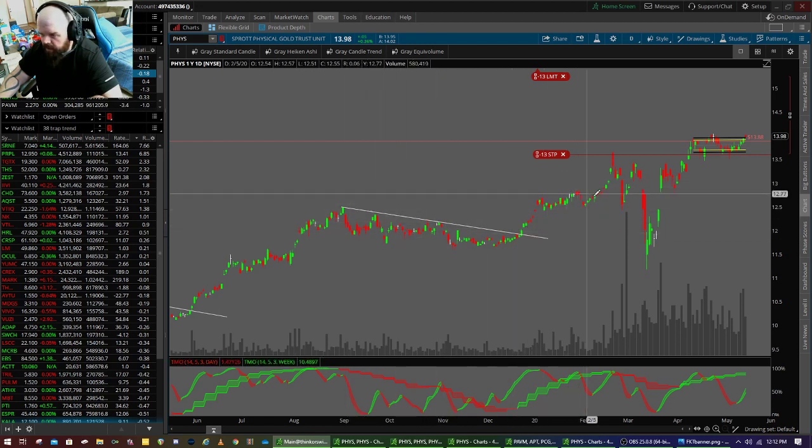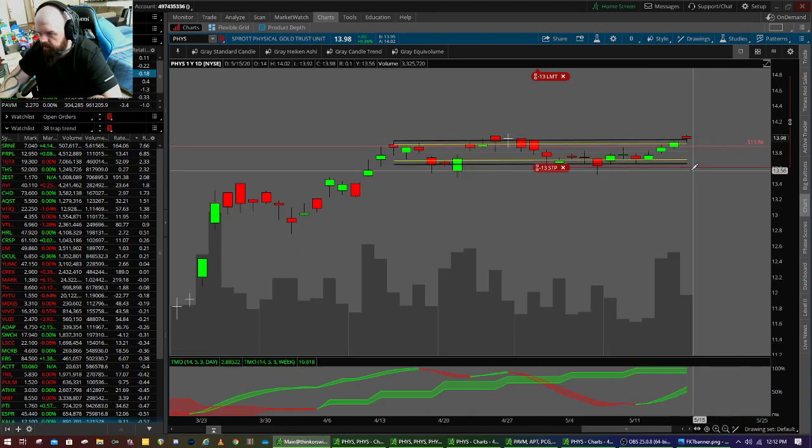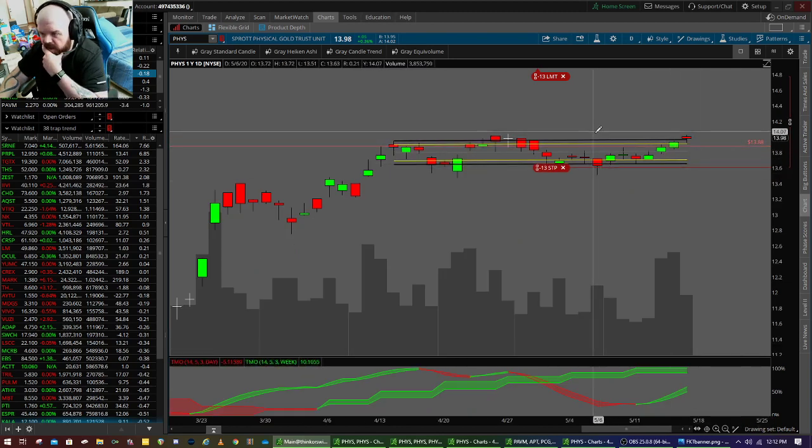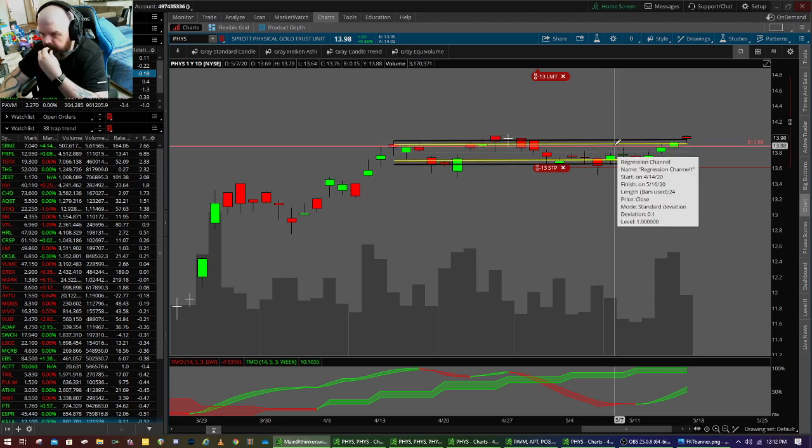Multiple different patterns within this. Right now, I'm in it because I had a range breakout above this level. It's a good trade. It's just I should have let it fully break out of this area before getting in at 1388.